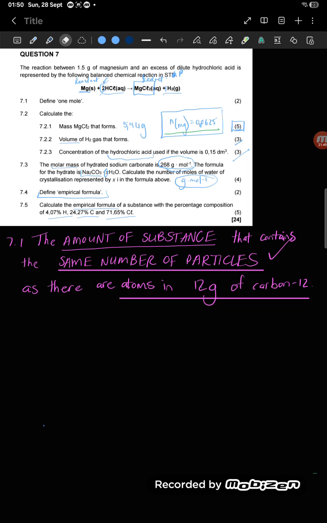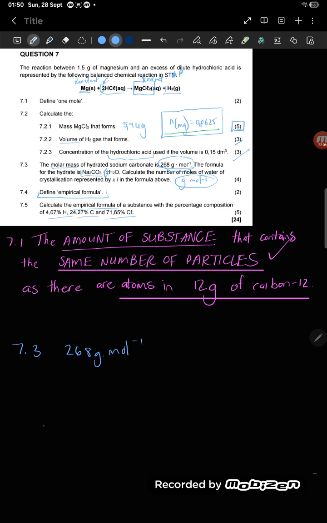So I've got water of crystallization happening there. It's the hydrate. So 7.3. My hydrated sodium carbonate is going to be 268 grams per mole.